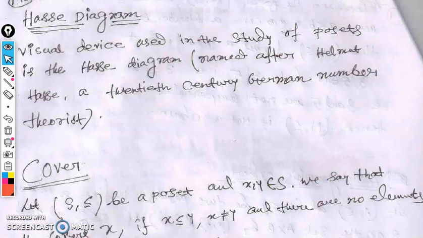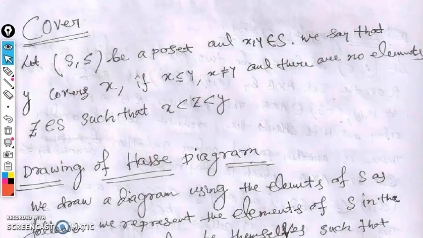It's a visual device. Before we draw the Hasse diagram, you have to learn what is the meaning of cover. Now it's a period of COVID-19.